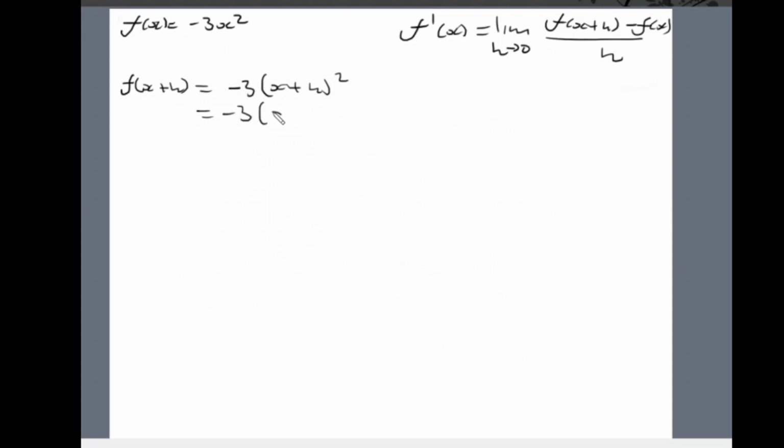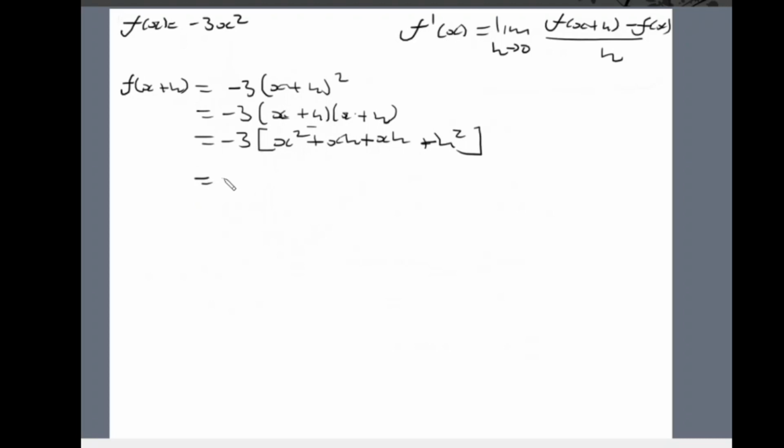Now I expand the brackets, x plus h, and then I just expand again. I'll have x times x is x squared, x times h is xh, x times h is xh again, h times h is h squared, right?